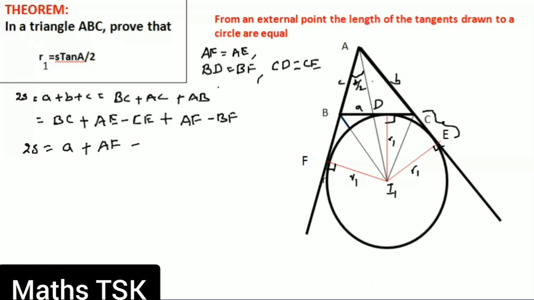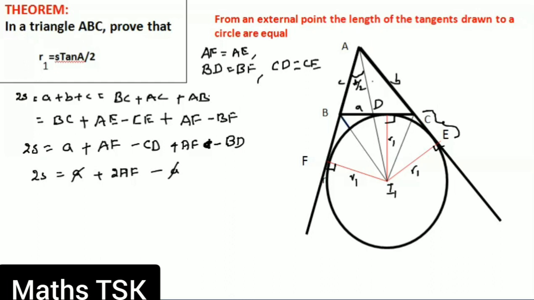minus CE. CE is nothing but CD. BF is nothing but BD. This is minus BD. So 2S is equal to A plus 2AF minus of BD plus DC. BD plus DC is A. This gets cancelled.